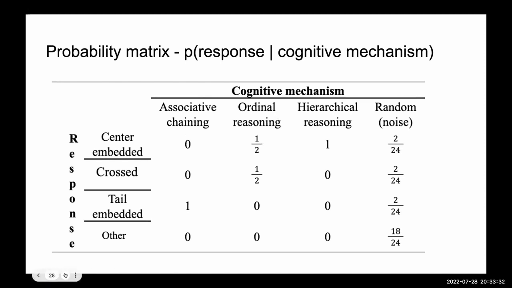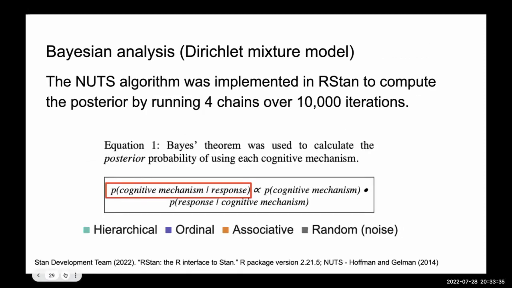So then we ran a Bayesian model, a Dirichlet mixture model specifically, where we used the no U-turn sampling algorithm. We implemented it in RStan, and essentially what we were calculating was the probability of using any particular cognitive mechanism, given that you're observing these particular behavioral responses, these sequences which people have generated.